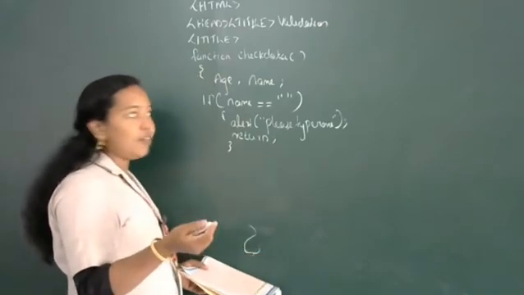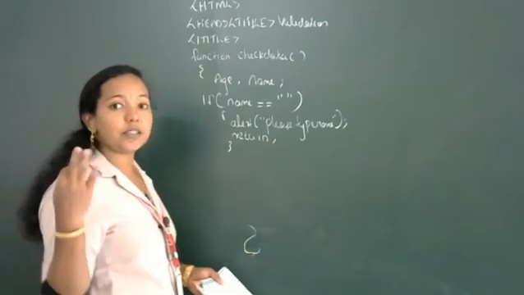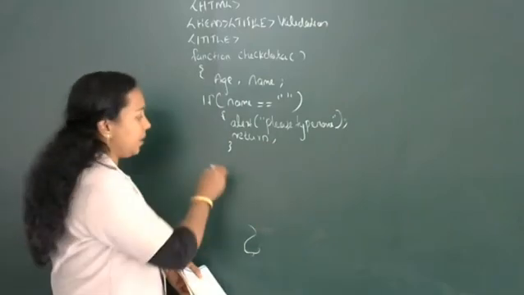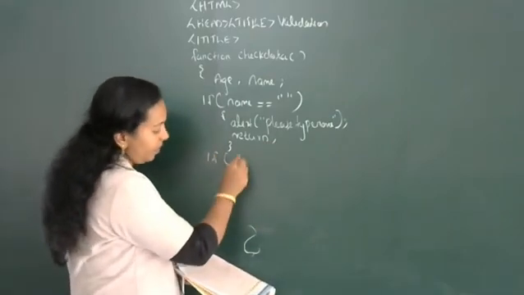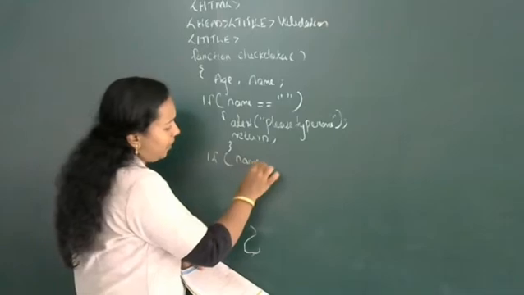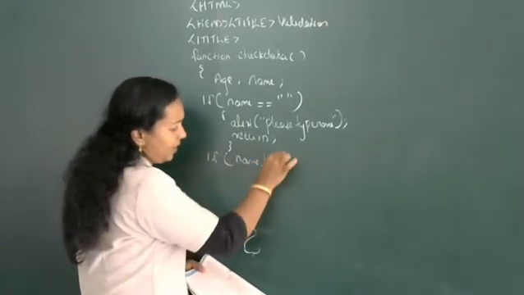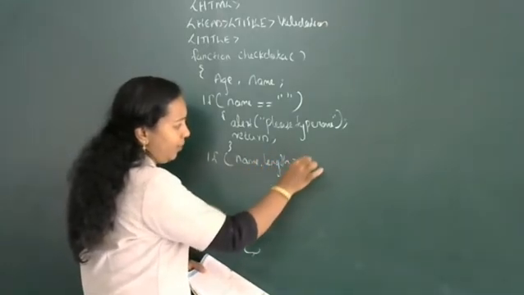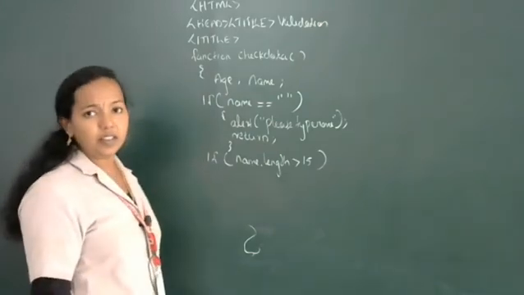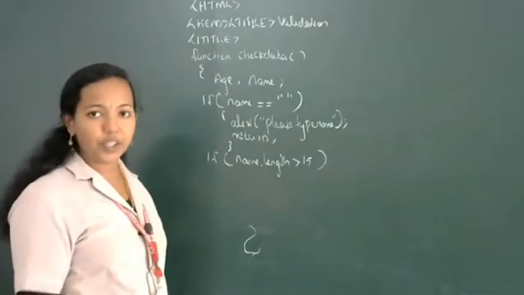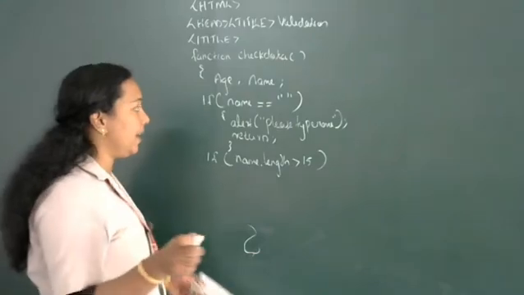Then we can check whether the entered string character is more than any number. That means if name dot length greater than 50. That means if the length of the name is greater than the limit, then it will not fit inside the column.